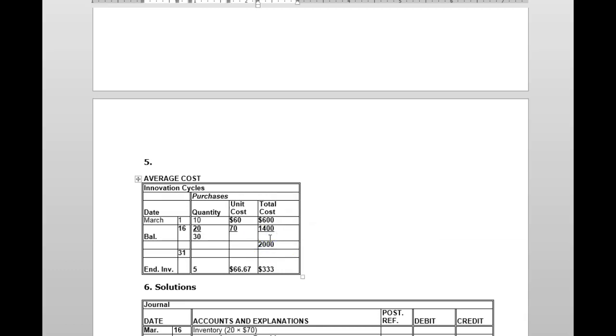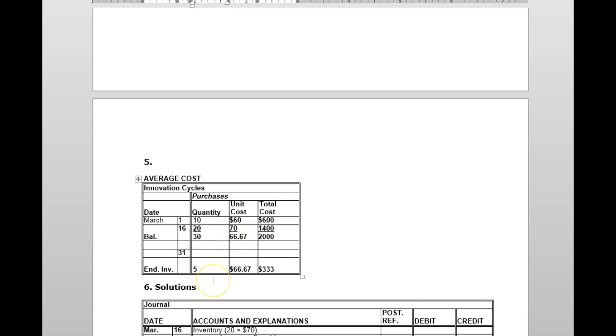This goes here. Now, if I divide 2,000 by 30, I will come out with the average cost, which would go here. And that amounts to 66.67. So now, when I sell, I'm going to sell 25 of them.